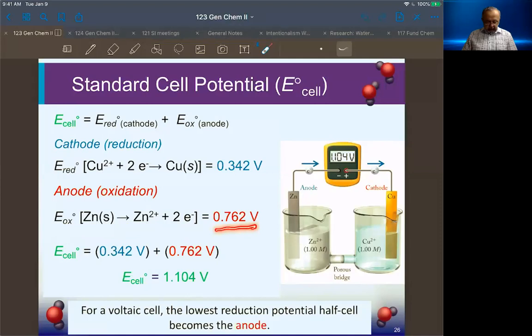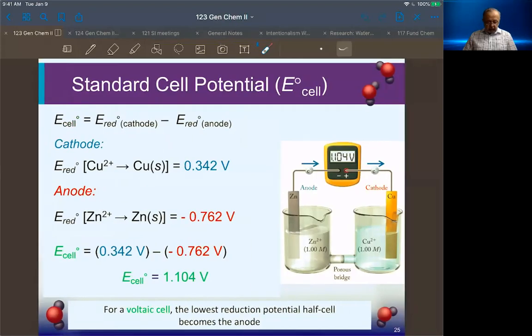In that case, the E of the cell is going to be the reduction plus the oxidation. So if you study this again, don't be surprised that you will get either this equation with a plus sign when this is the oxidation, or this equation with a minus sign when you use the reduction. So either way it works. As you can see, both of them will get to 1.104.